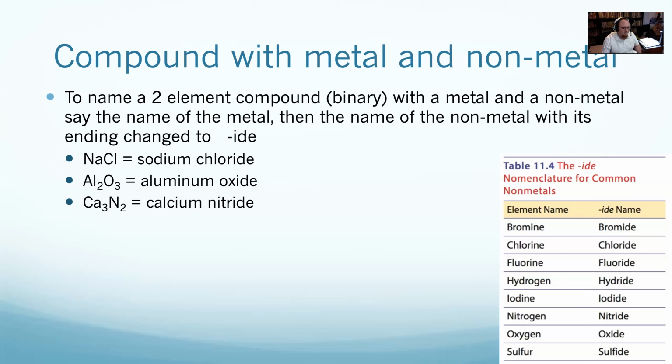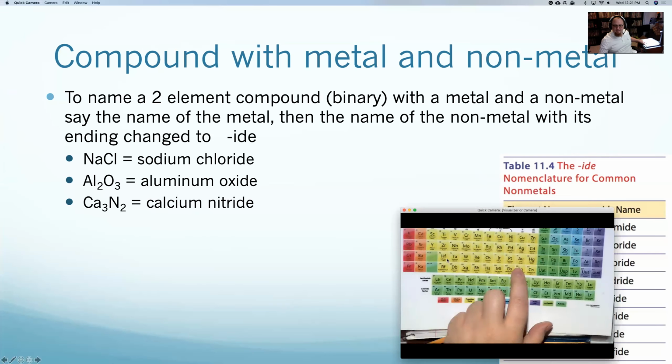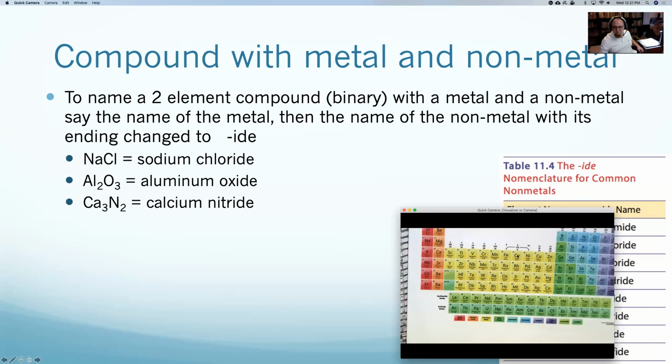Now, this can be a little complicated if we get into some of the transition metals. With some of the transition metals, the metal piece can become more complicated, aka anything in this yellow region. But we'll come back to that next chapter. For now, let's just deal with the ones not in that region.